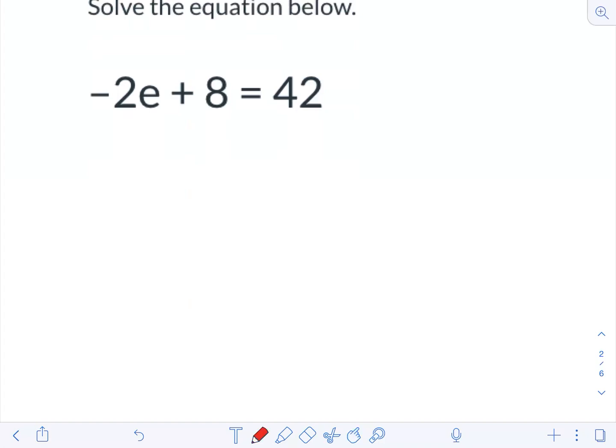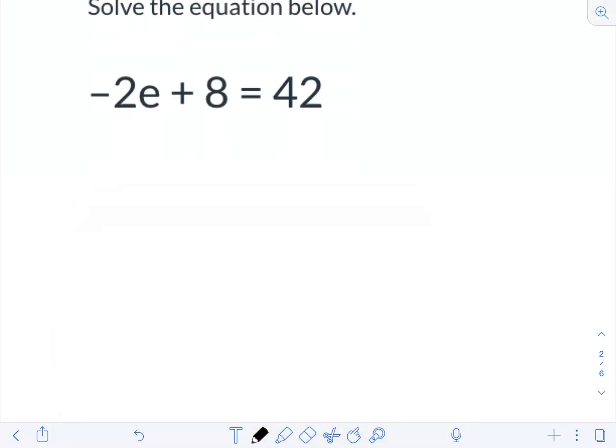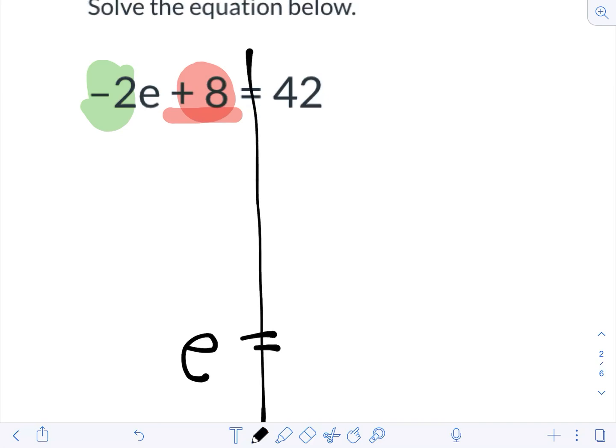So here's what we got next. We want to figure out what E is. So our goal is to get E all alone. We have two things in the way: -2 and a +8. Well, what we want to get rid of first is that +8. So to get rid of a +8, we need to subtract 8 on both sides.